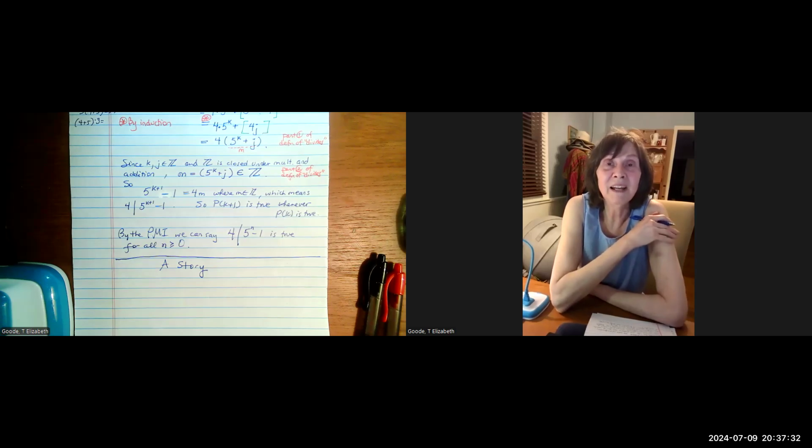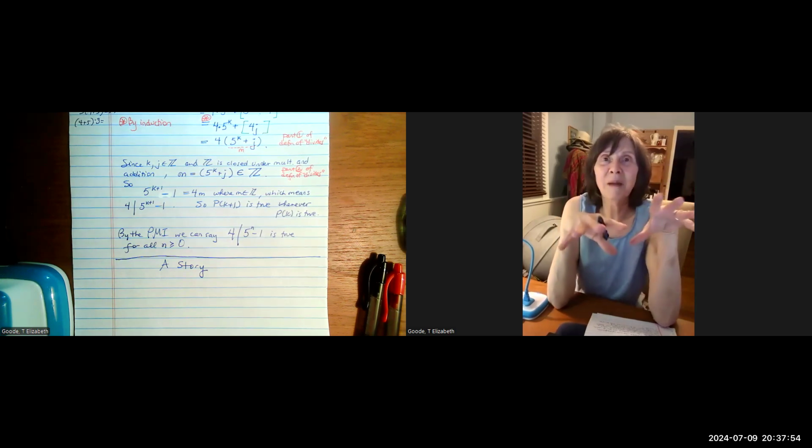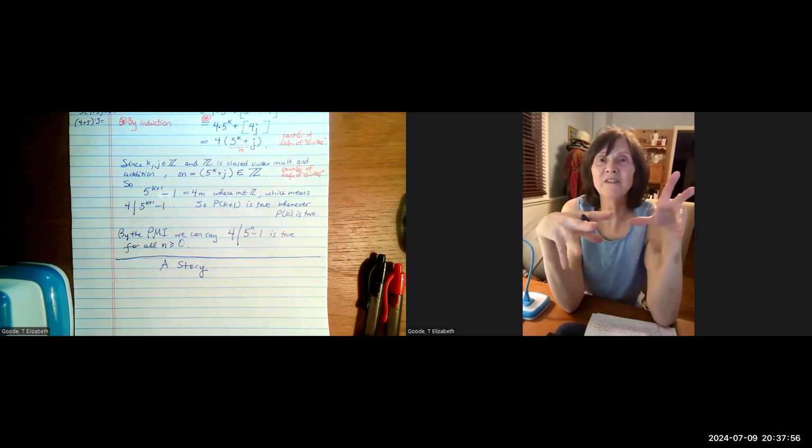Even back in the Middle Ages, a lot of times mathematicians would write their math problems as stories. And this is a true story, in the sense that a mathematician really couched a mathematical problem as this story. So let me give you a little background about mathematics in general.